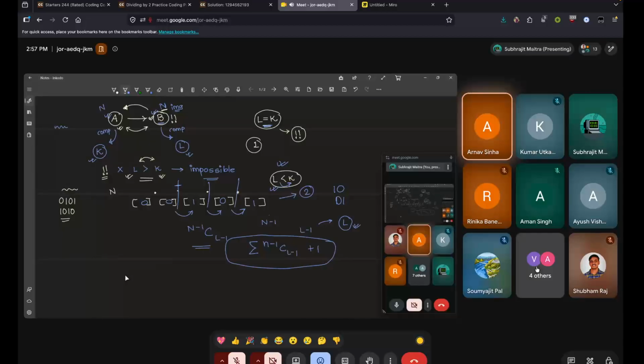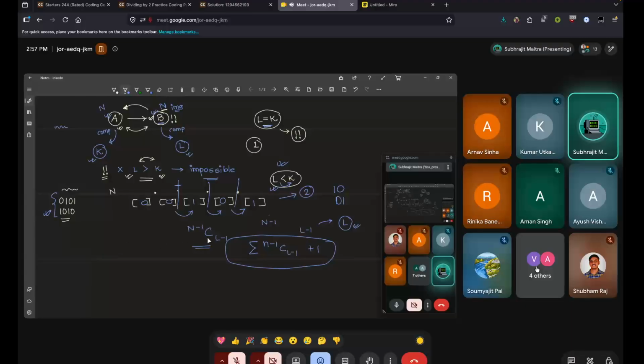I guess there are two ways to do it. Absolutely correct. You remembered that it can either start with 0 or start with 1. In this case also, it can be either all 0 or all 1. So all we need to do is multiply this entire thing by 2. That's it. This was the question.